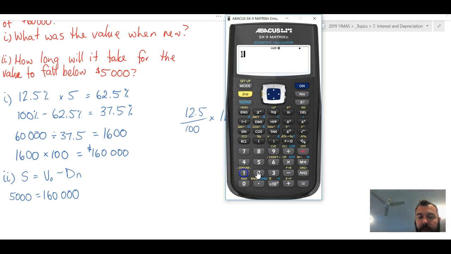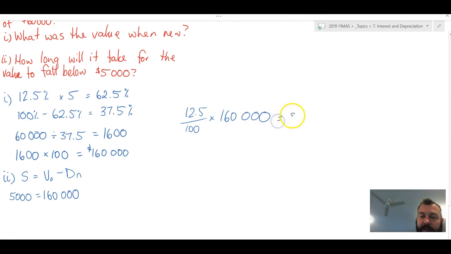right? 12.5 over 100 times 160. Yeah, $20,000. I've actually made my question a bit too neat and tidy. So that's what D is, right? So it's this minus 20,000 times N. Now we'll rearrange this a little bit, and I'm going to say 5,000 minus 160,000.